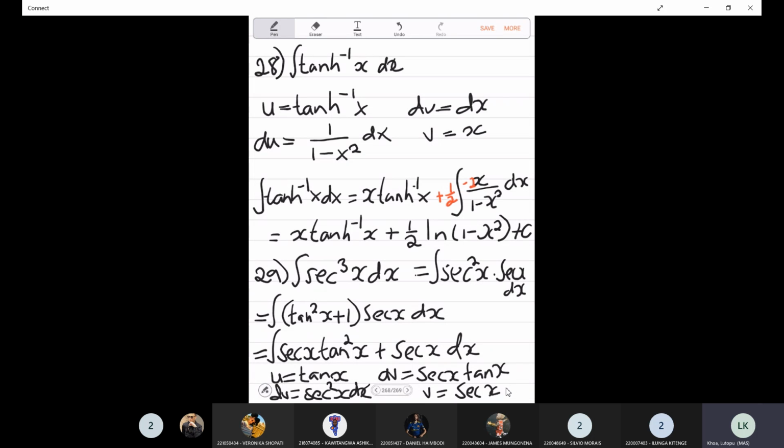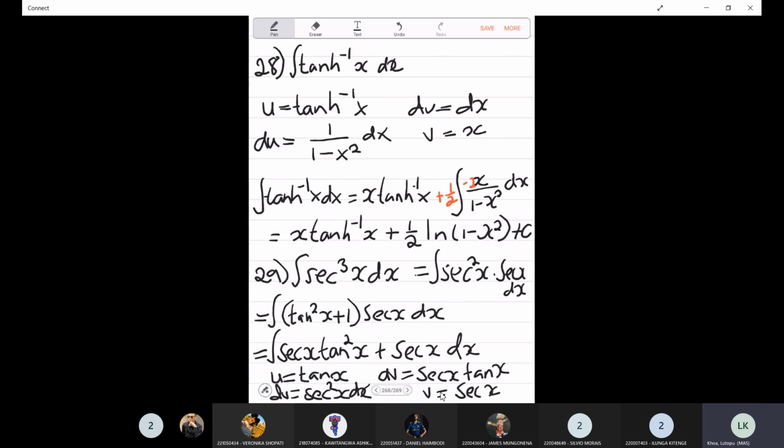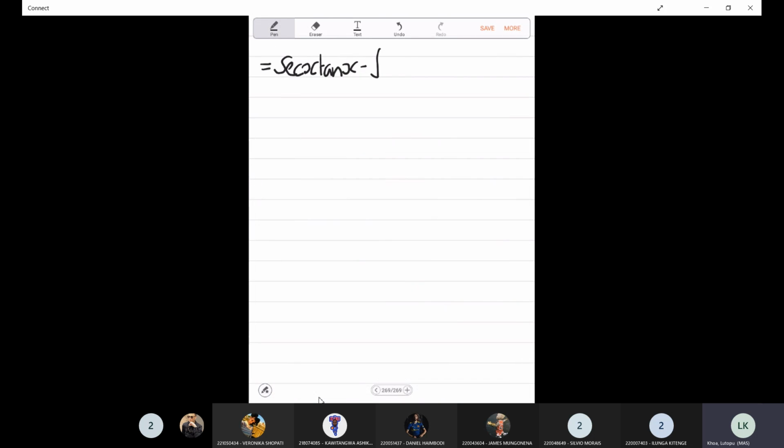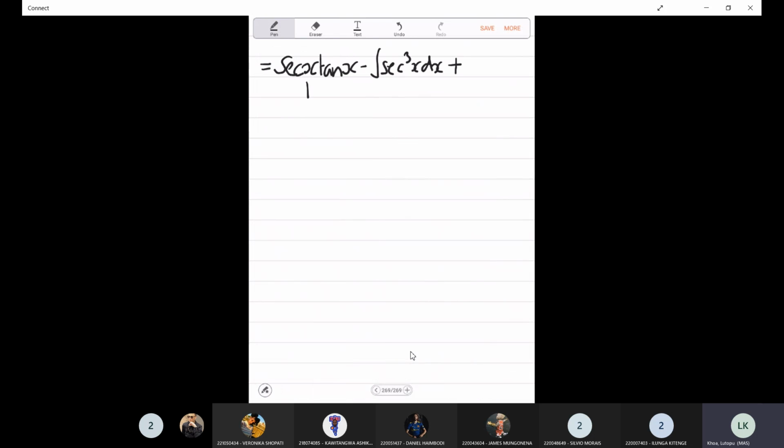So that's sec x tan x, and then minus the integral of v times du. So it's sec x times sec squared of x, which is sec cubed of x dx. And then the integral of sec x, we said, is ln of sec x plus tan x.